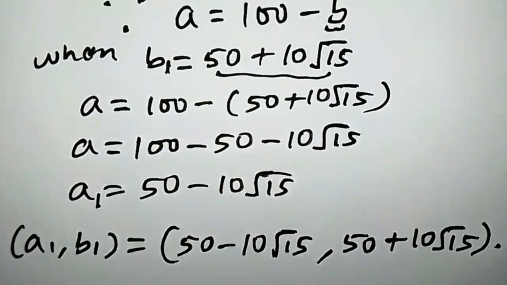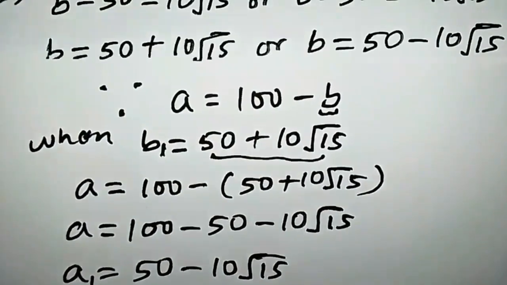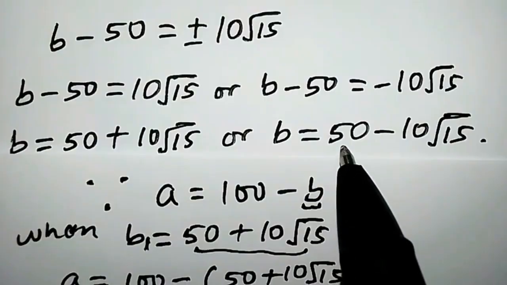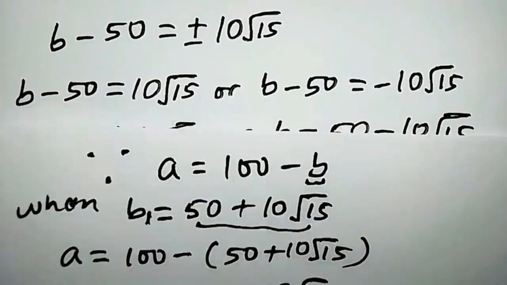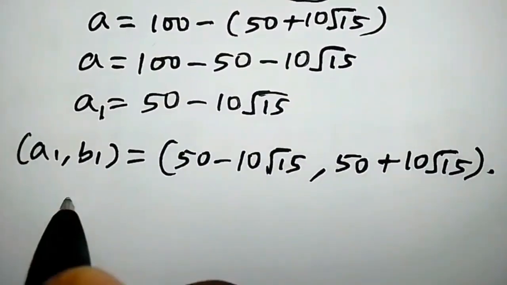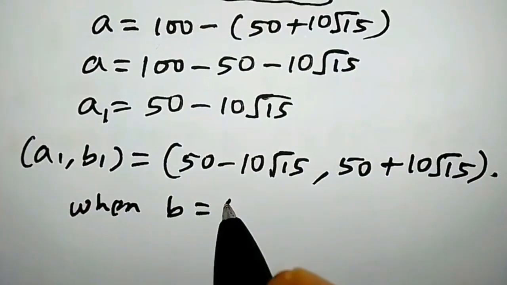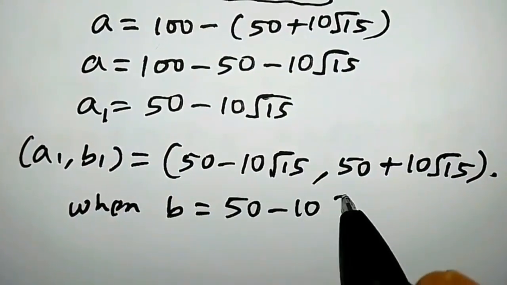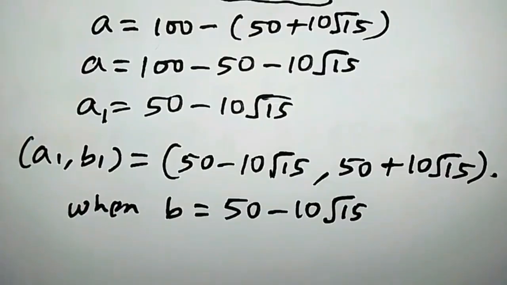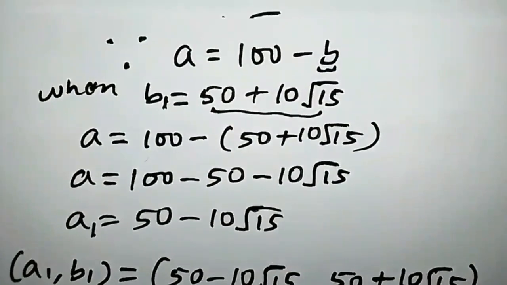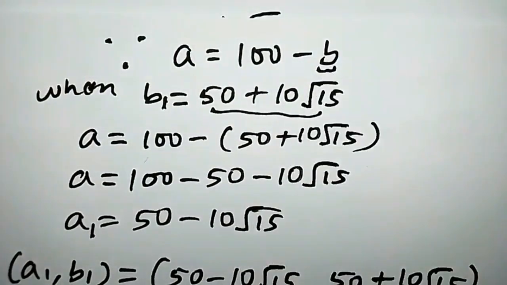Now, let us consider the second value of b. When b is equal to 50 minus 10 root 15, what we just have to do is substitute it here.